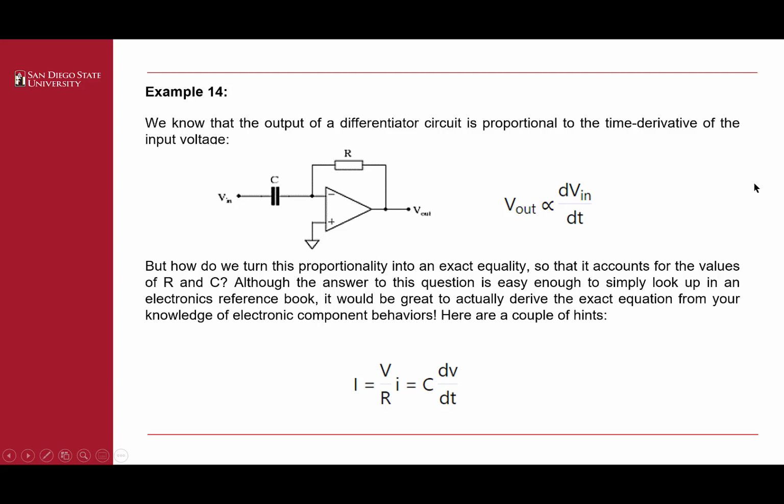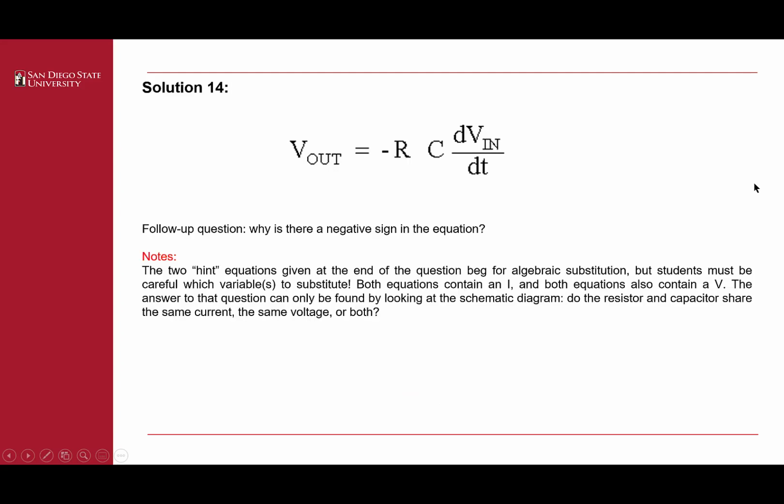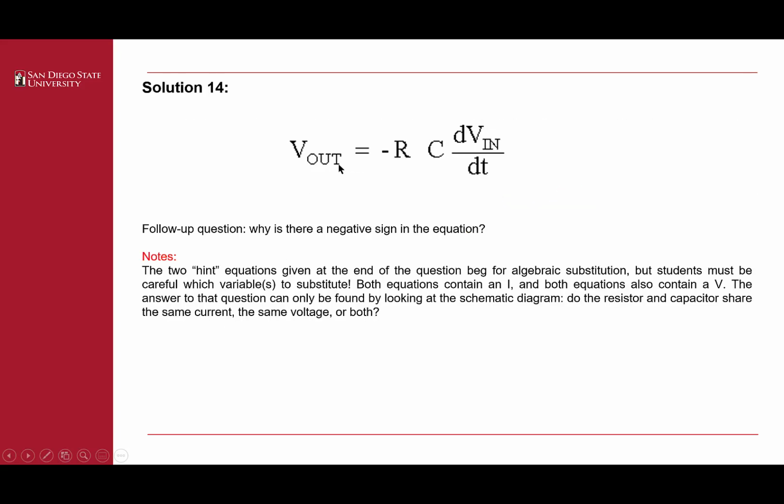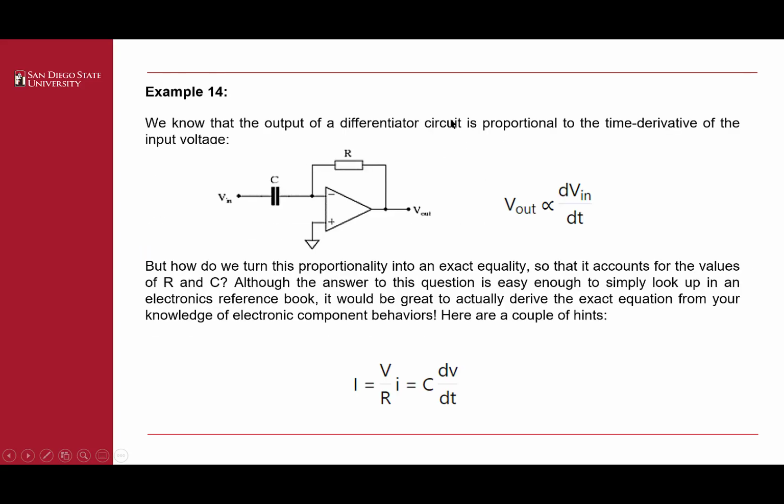And the answer is, for Vout, the output voltage, minus R, this resistor here, times C, times the time derivative of the input voltage. This answer, again, is not a mystery. It can be found using the given hints and the relation between the current and voltage within the given circuit diagram here.